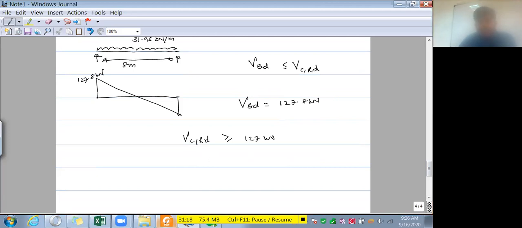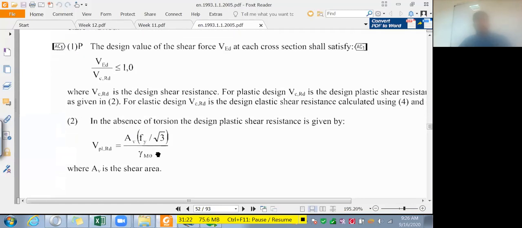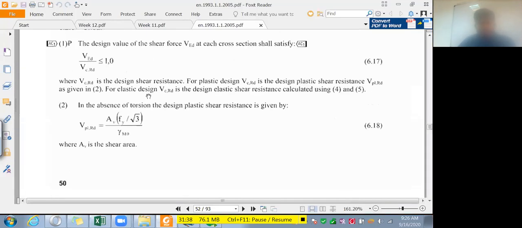What is VcRd? The code says VcRd is equal to VplRd when you can develop plastic shear resistance. So for plastic design, VcRd is the design plastic shear resistance as given in clause 2.